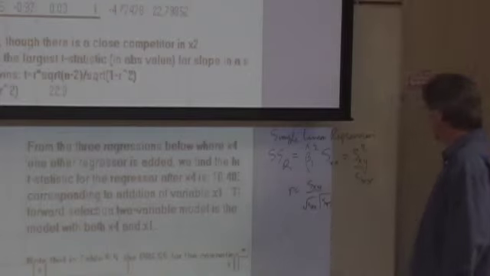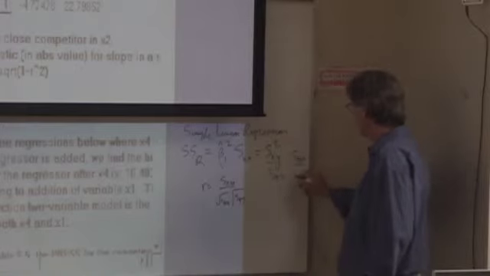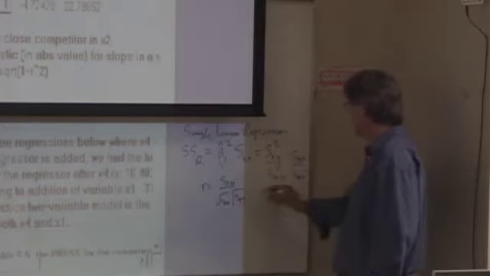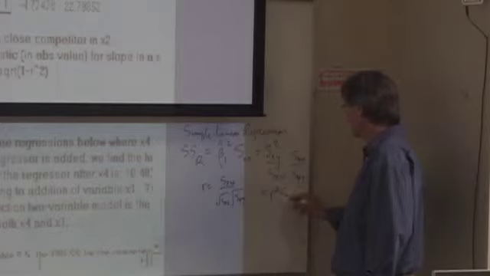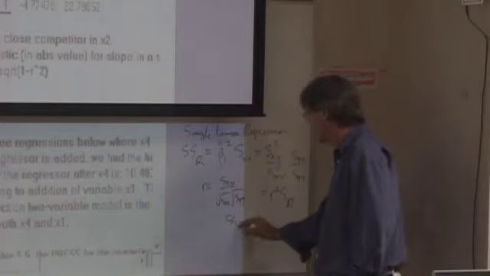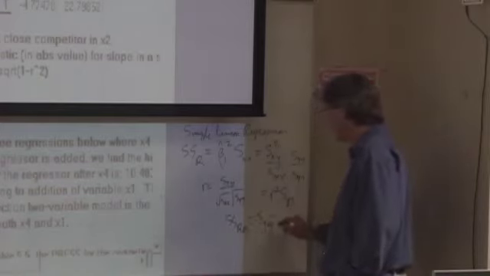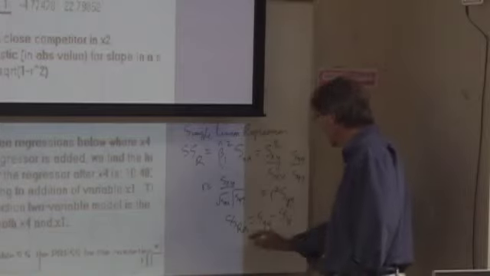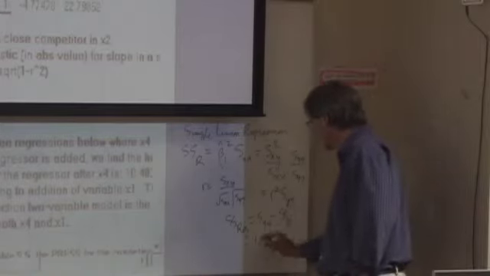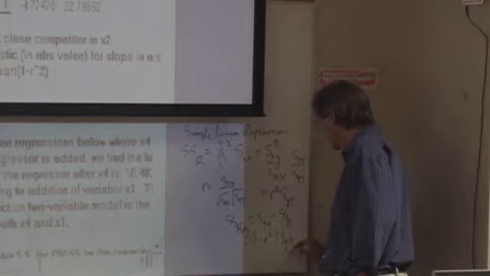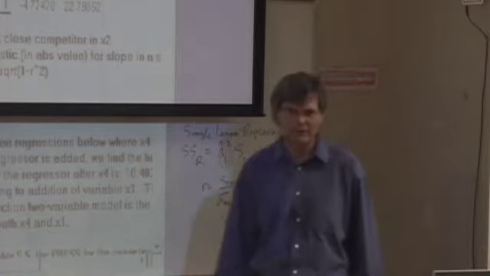By multiplying and dividing by SYY, I get that this is equal to R squared times SYY. And so SS res is equal to SYY minus SSR, which equals 1 minus R squared times SYY. I think that's what it comes out to be.